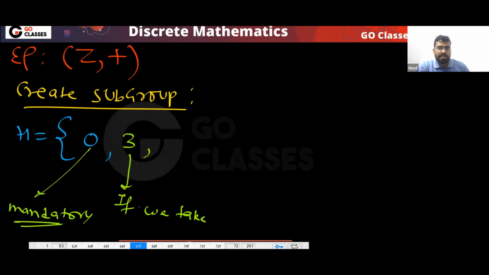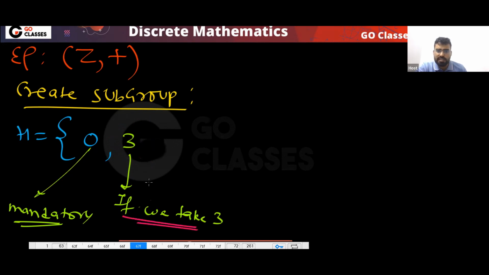What is the problem? Closure property is the problem. If you do this, then because of this, 3 plus 3 will be there. 3 plus 3 means 3 square.